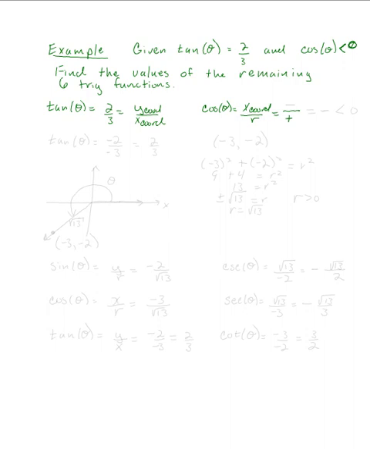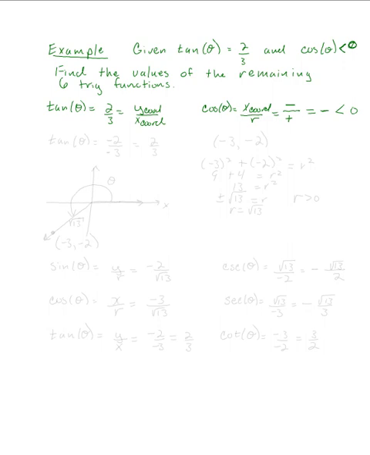Then the only way for this fraction to be a number that is less than 0 is if the numerator was negative, because a negative divided by a positive is negative. So in telling us that the cosine of theta is negative, what they're telling us then is that the x-coordinate must be negative.